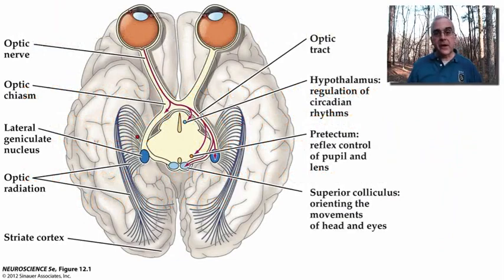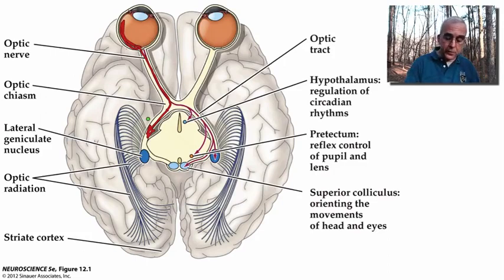So let's consider again the distribution of the axons of our retinal ganglion cells. Those that reside on the temporal side of the retina grow their axons out through the optic nerve, and they remain on the ipsilateral side of the optic chiasm, being distributed to the appropriate targets in the diencephalon and in the midbrain.